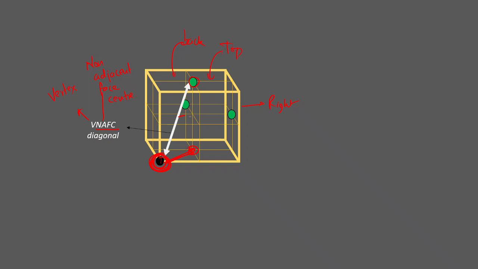The other 3 faces, the bottom face, the front face and the left face, have face centers very close to this point, and they are along the face diagonal. So this new direction I would like to call the VNAFC diagonal.